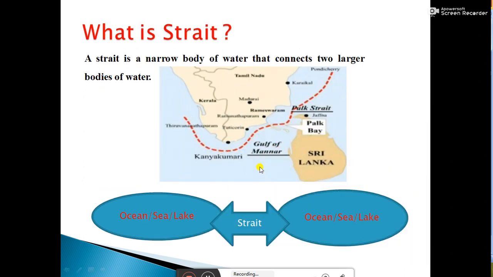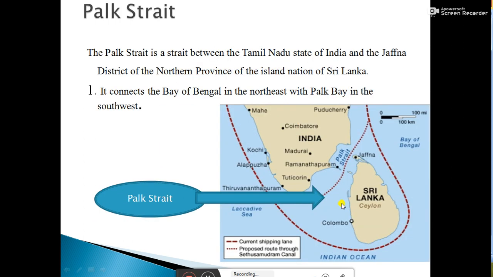If we see the Indian map, this line is the Palk Strait, which connects the Bay of Bengal in the northeast with Palk Bay in the southwest.